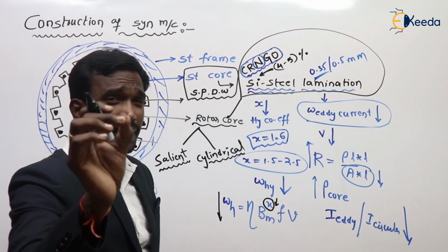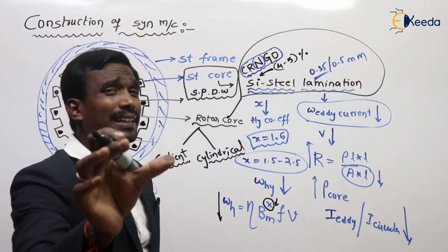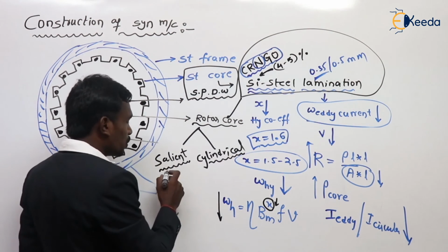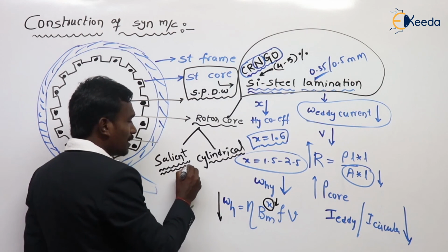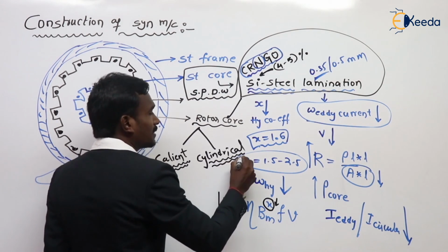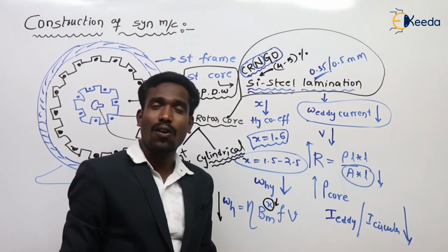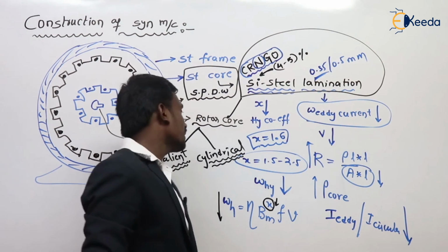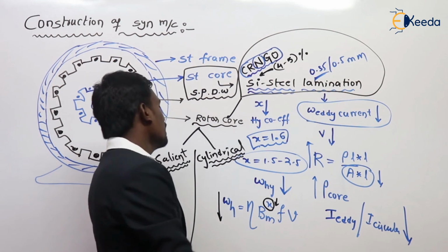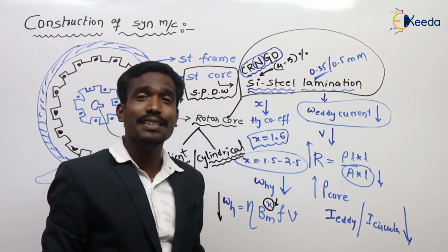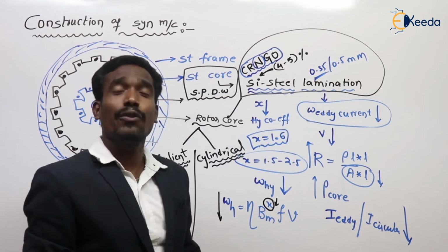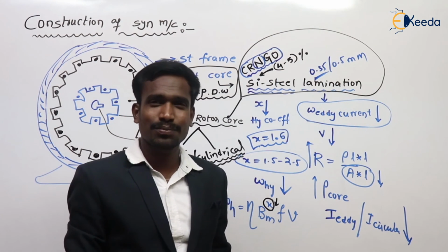The remaining thing is that we have to discuss the salient pole and cylindrical type rotors, how they are, and what the differences are between them.